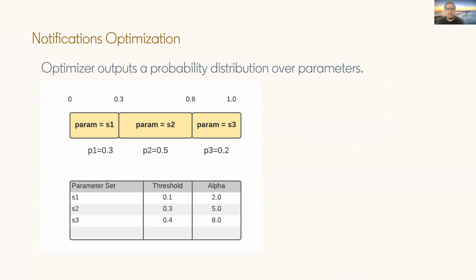And over here, what we show in the yellow box is there are three configurations that we are emitting, with respective probabilities: 0.3 for S1, 0.5 for S2, and 0.2 for S3. And if you look at the table below, it resolves S1, S2, S3 into what these settings mean. So S1 over here is a threshold of 0.1 and alpha value of 2, and similarly S2 and S3 respectively.